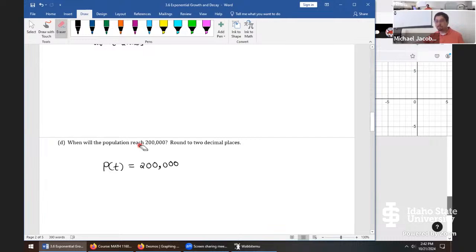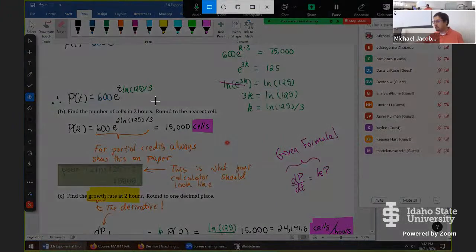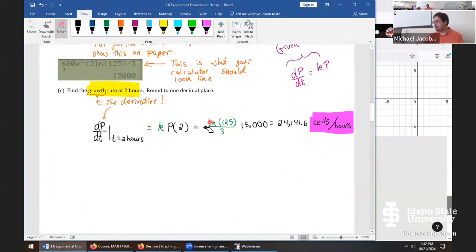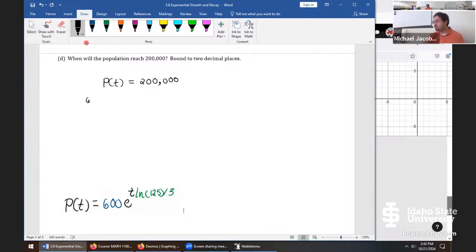And I forgot what the model was. Let me go up here and grab it real quick. So on the left-hand side, we just substitute this entire thing, the model itself, and put in 600 e to the t times natural log 125 divided by 3 equals 200,000. So that's our first step.